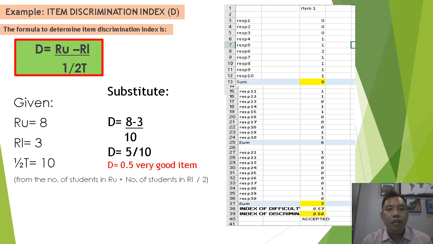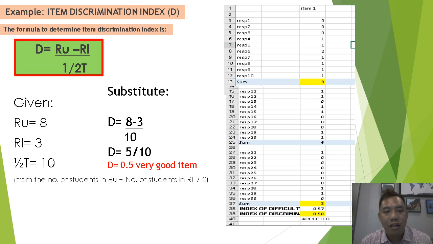You divide it by 3, so we have 10 for the upper, 10 for the middle, and 10 students for the lower. You add the scores for the upper and for the lower groups, and you don't need the middle group.